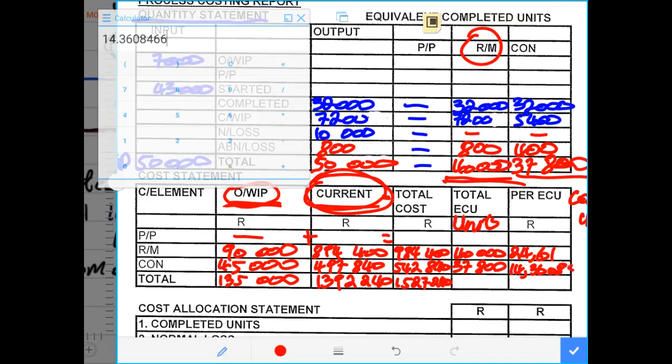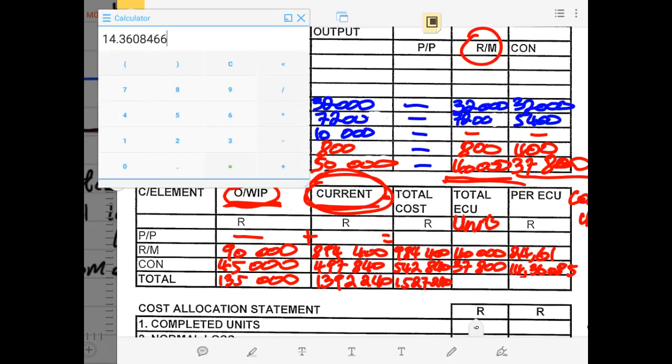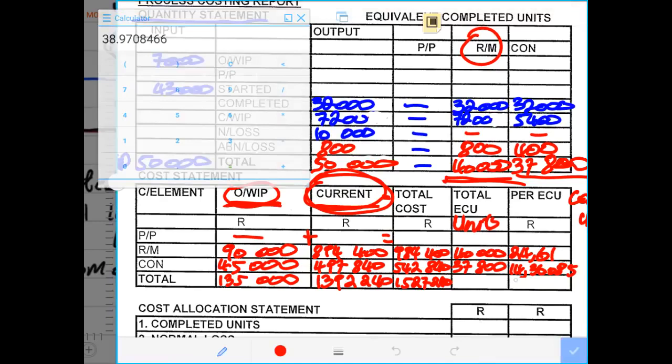Preferably, just take it to 5 decimals, as they normally do. Then we calculate our total cost per unit, where we say 14 plus 24 rand 61 cents, which gives us 38. Let me rewrite it with the small one.